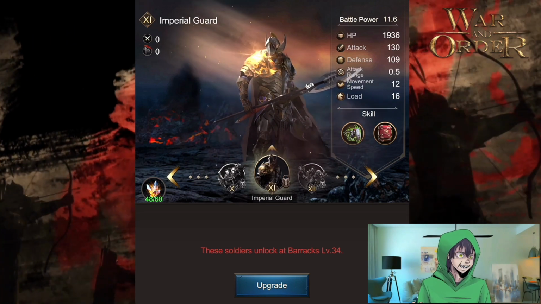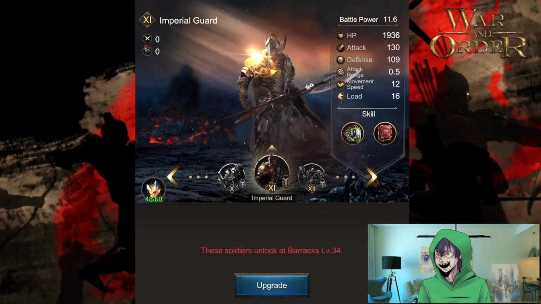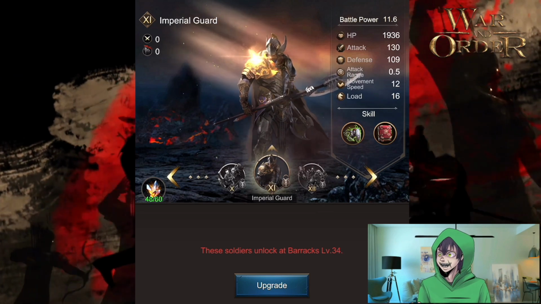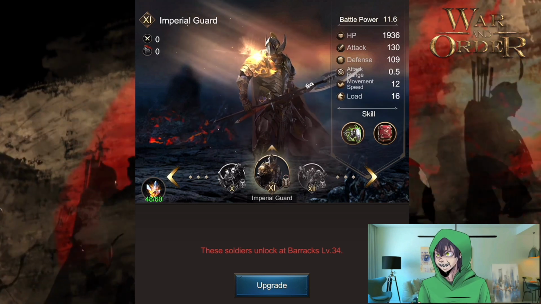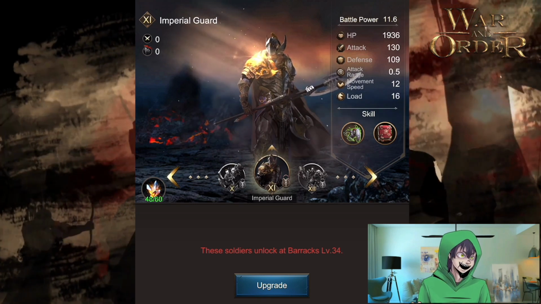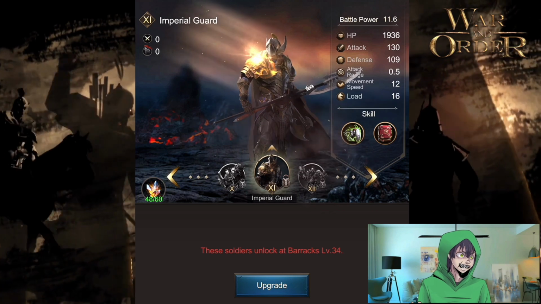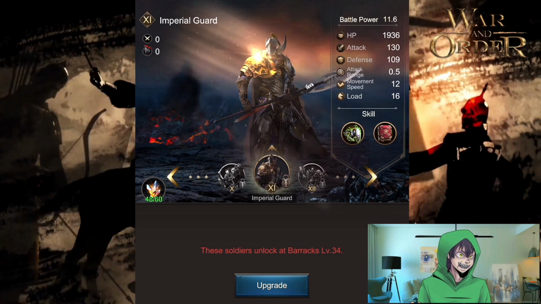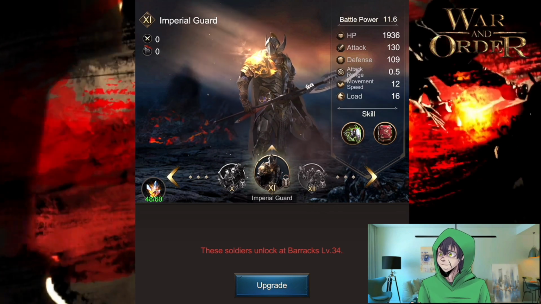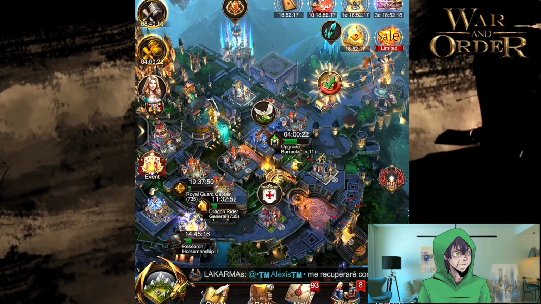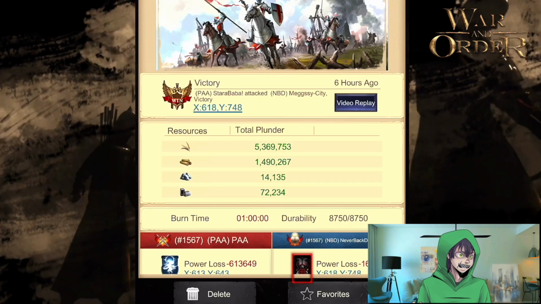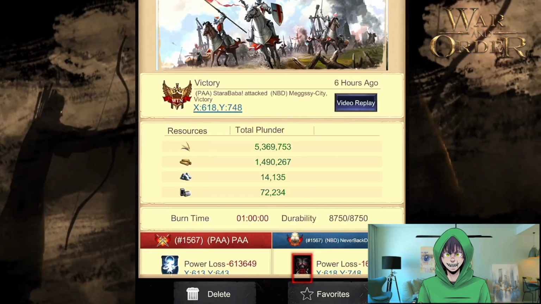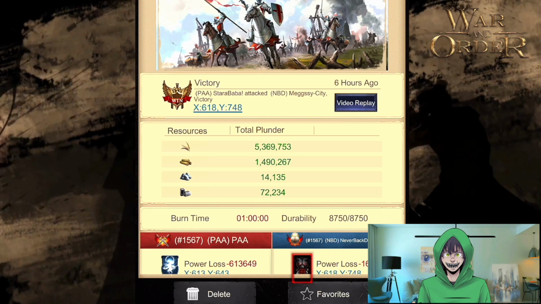That's one reason why a lot of people like to use even tiers when they're actually on attacks. Each one of these different types of troops have different skills associated with the even and odd tiered troops.